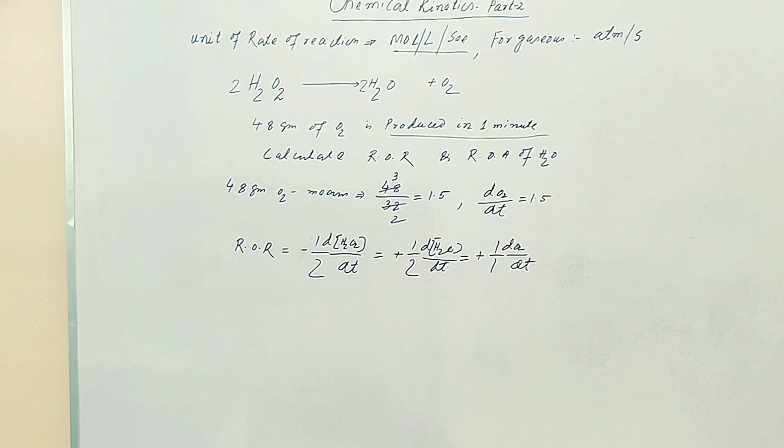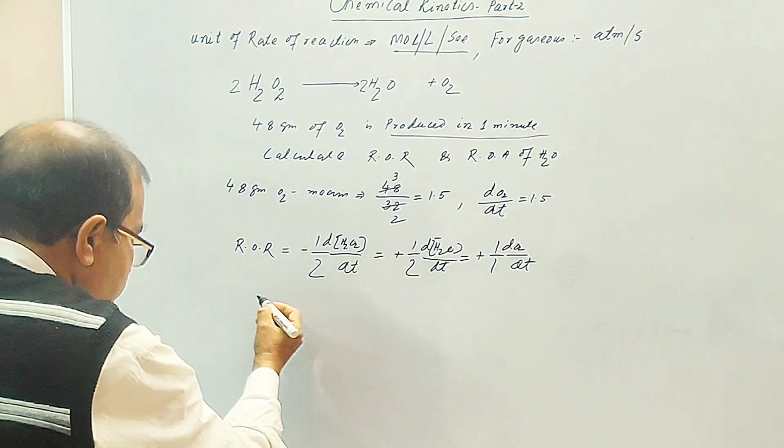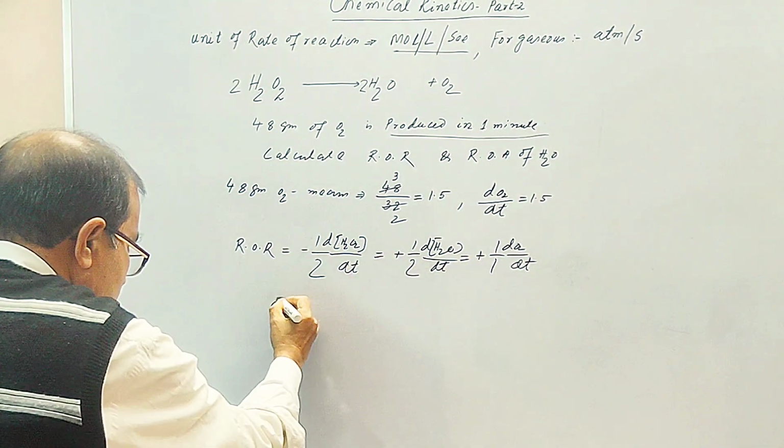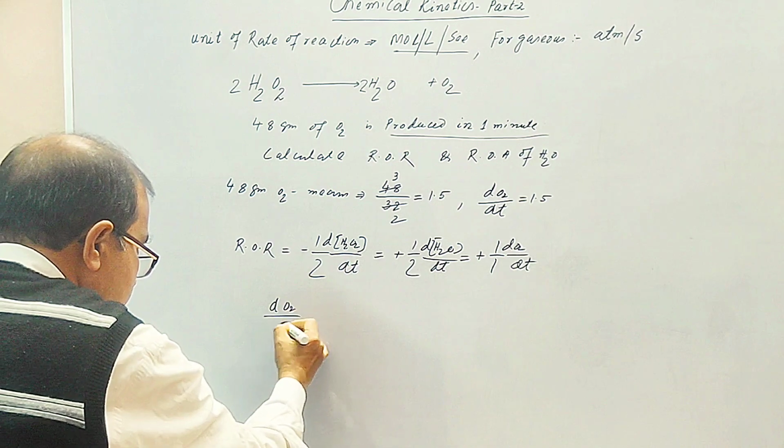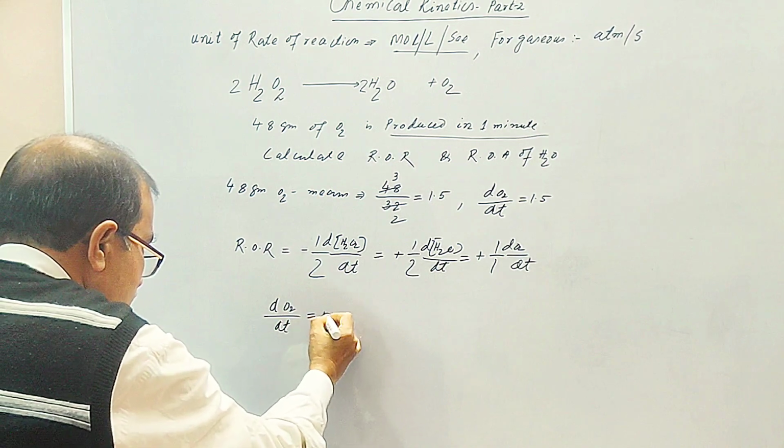So what will be the rate of reaction? Rate of reaction you can see, d O2 by dt, that is 1.5.